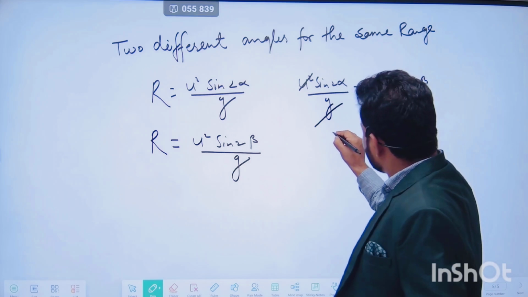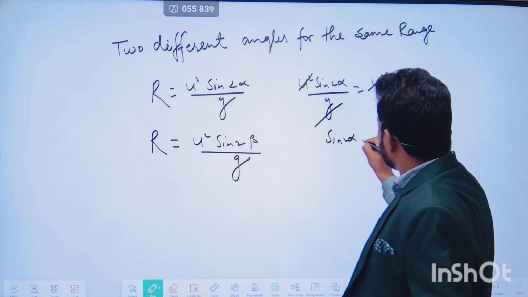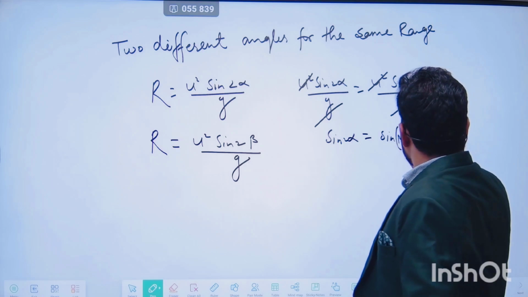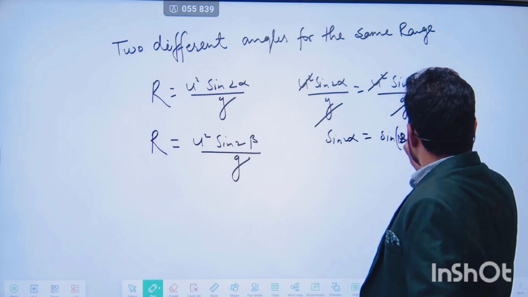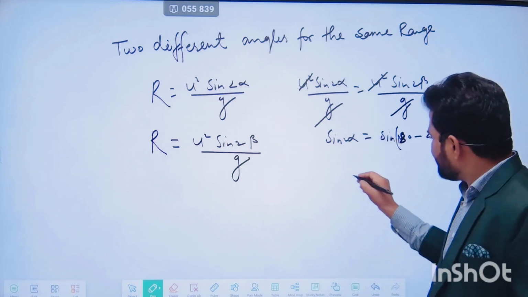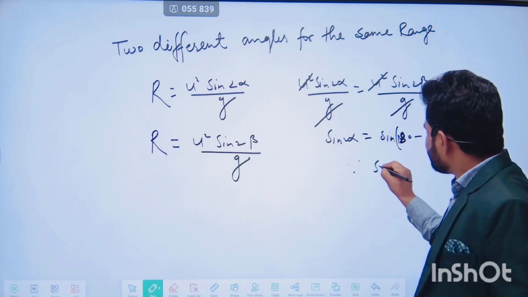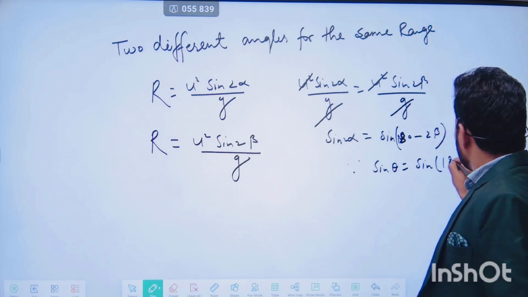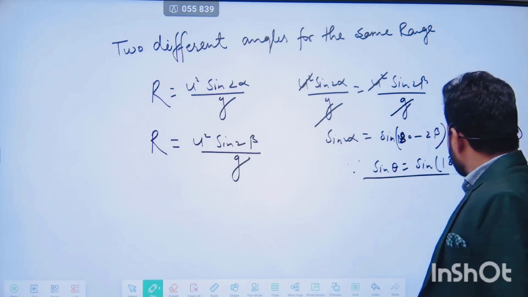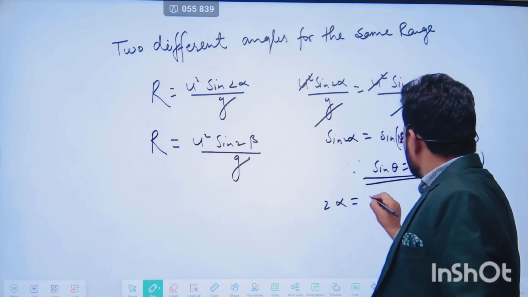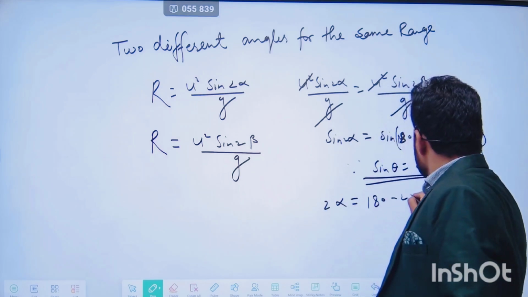Here sine 2 alpha is equal to sine of 180 minus 2 beta. Why are we writing like that? Because we know that sine theta is equal to sine of 180 minus theta. So we can say that 2 alpha is equal to 180 minus 2 beta.